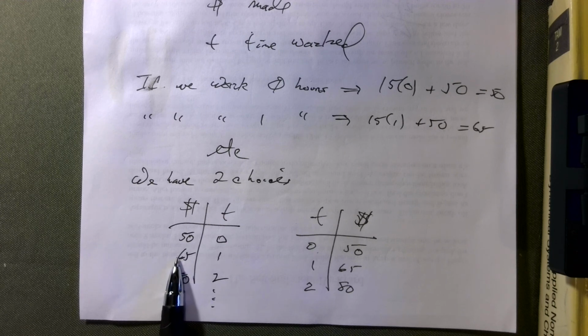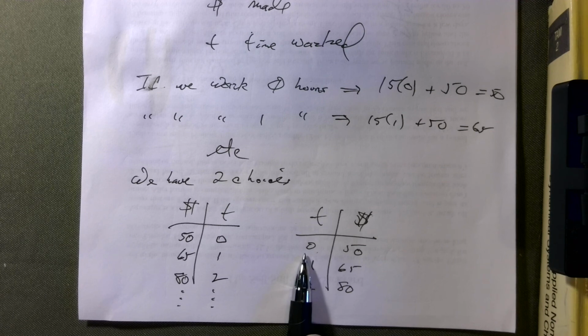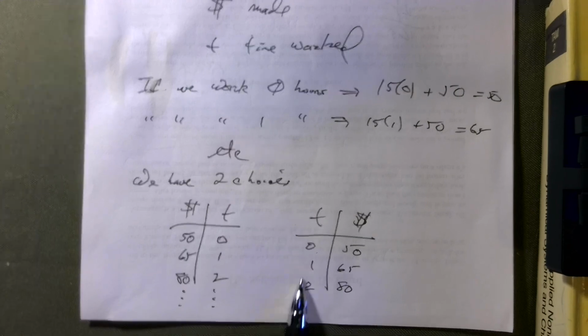Yeah, but that's kind of clunky. So let's take a look at this one. The amount of money I make depends on how much time I work. Ah, that makes more sense. This is the one that you want to use. So this is going to be your quote X column.